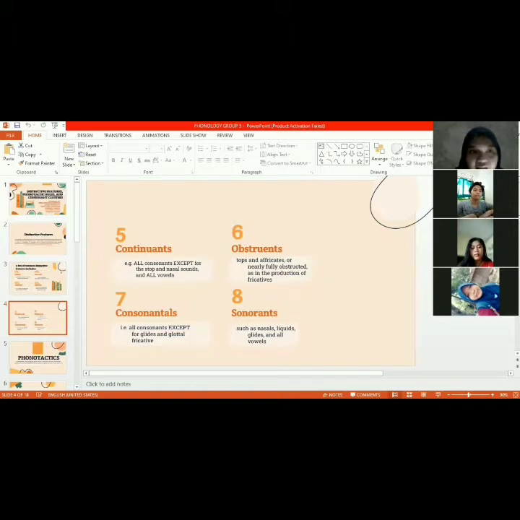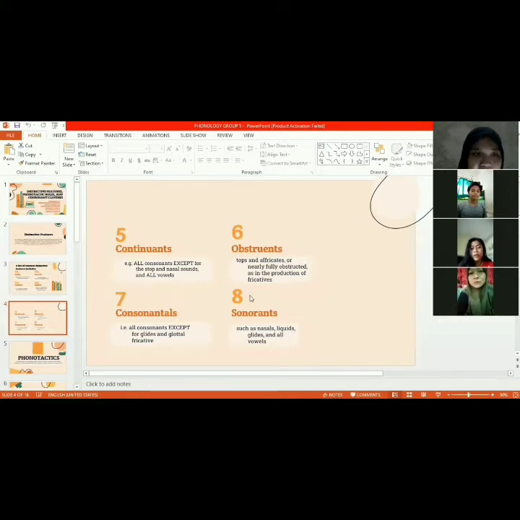And then there is obstruent. Obstruents are sounds produced with the airflow fully obstructed, as in stops and affricates, or nearly fully obstructed, as in the production of fricatives. And then there is consonantals.